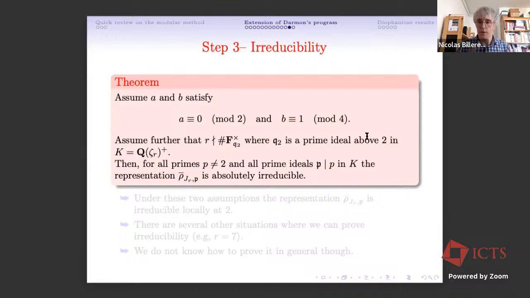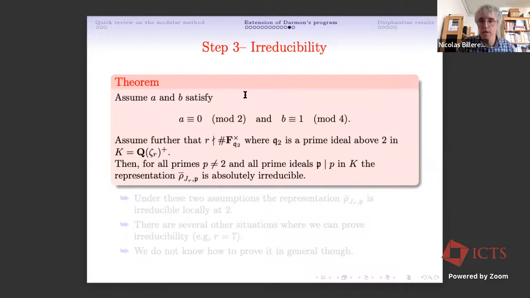We only have partial results, but we are able to deal with infinitely many values of R, for instance. And this is one of the theorems we proved. So if you assume two added conditions, namely that A is congruent to 0 mod 2, so A is even, and B is congruent to 1 mod 4, which, you remember, we had this same kind of arithmetic assumption in the case of Fermat's theorem to guarantee, for instance, that the curve E, the classical Frey-Hellegouarch curve, was semi-stable.